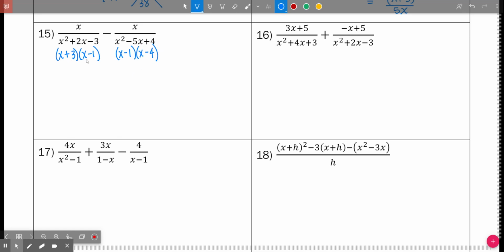So this has the x minus 1, but no x minus 4. And this has the x minus 1, but no x plus 3. So I'm going to multiply the top and the bottom of my first term by x minus 4. And I'm going to multiply the top and the bottom of my second term by x plus 3.